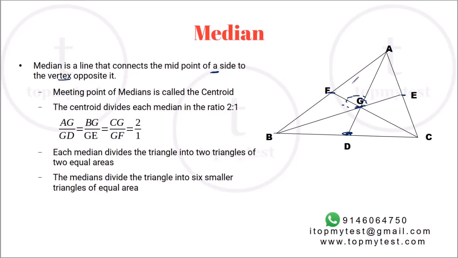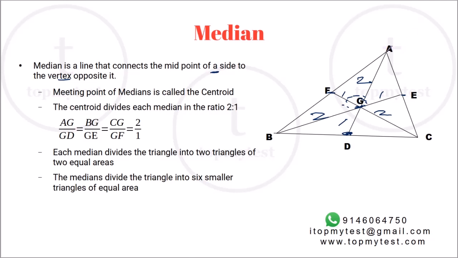Now, the property of a centroid is that it splits each median in the ratio 2:1. So AG to GD is 2:1, BG to GE is 2:1, CG to GF will also be 2:1. Further, the other significant aspect of a median is that a median will divide a triangle into two equal parts, right?